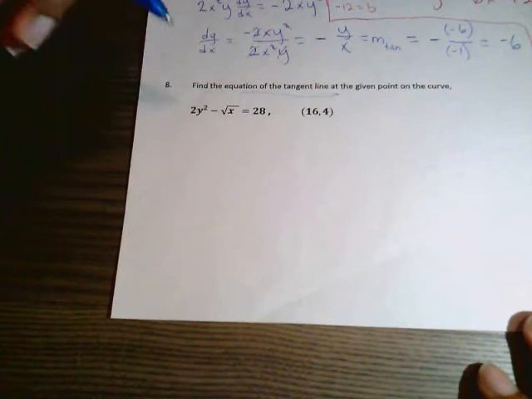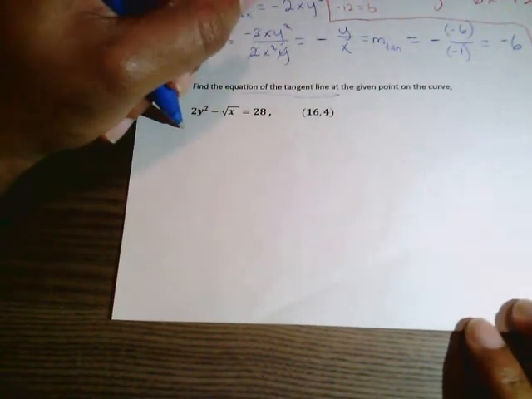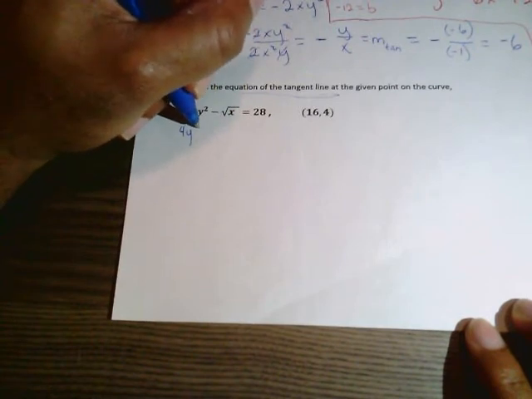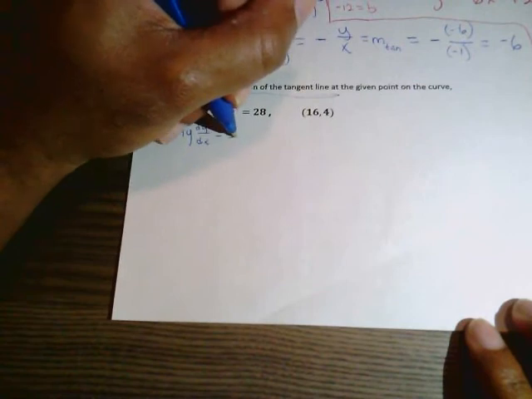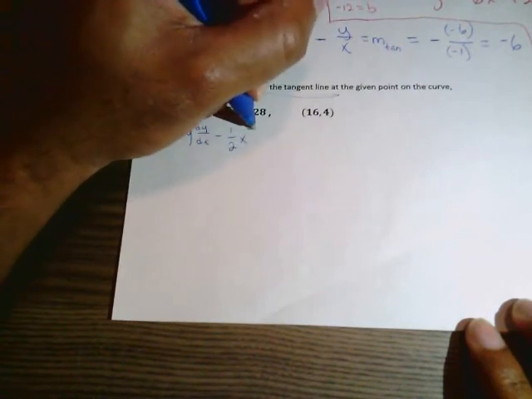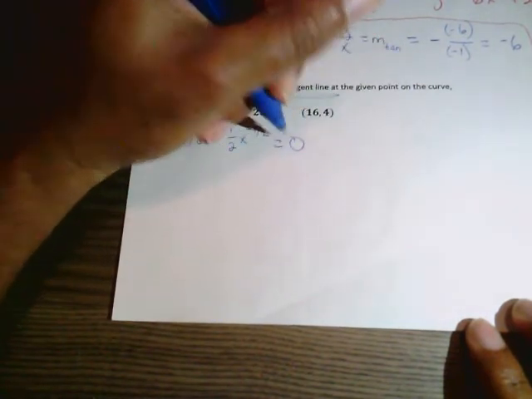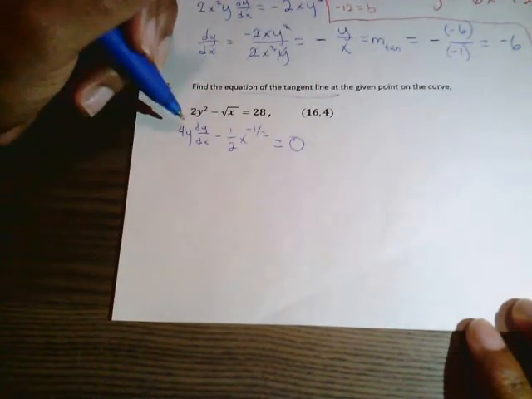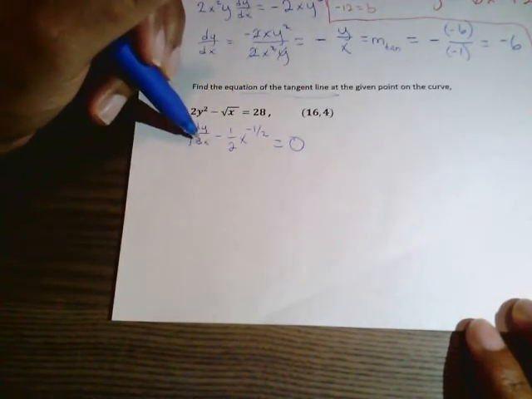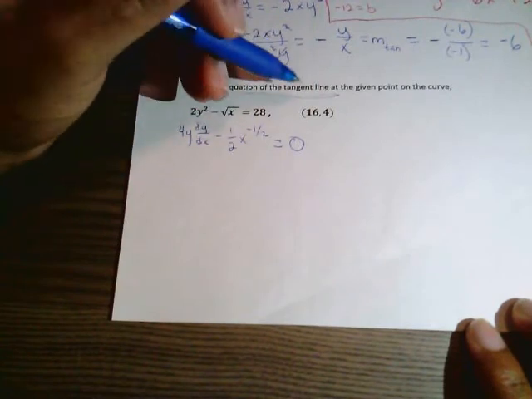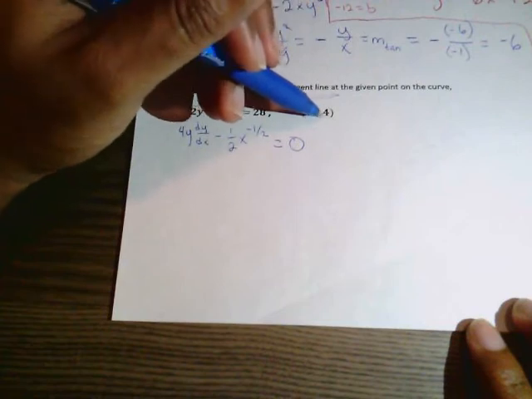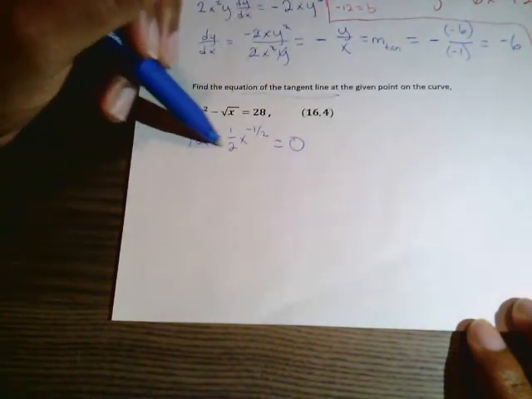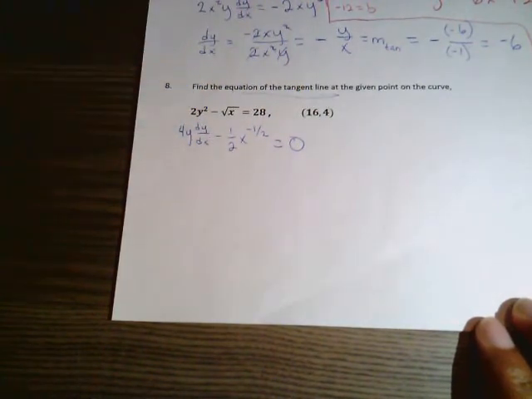So we still start out like we normally do, where we need to find the derivative. So we'll go ahead and make this 4y dy/dx minus 1/2 x to the negative 1/2 power equals 0. And now the difference is when we want to get dy/dx isolated, we first plug in the known variables, we substitute the x and y into our equation to make it a little bit easier.